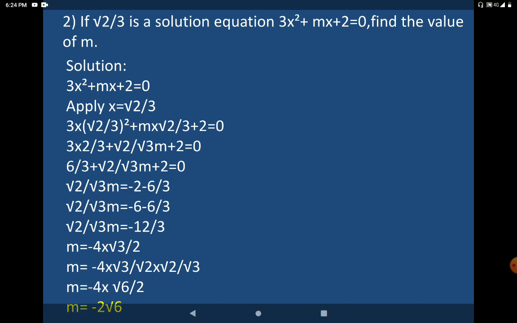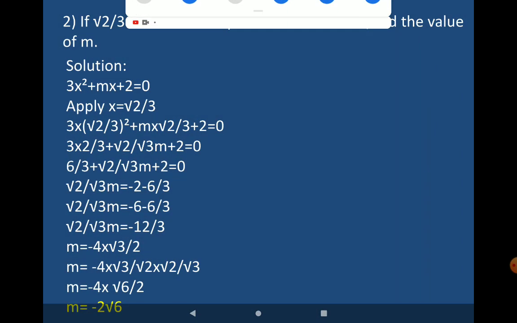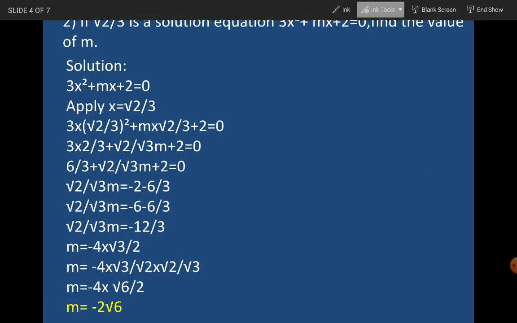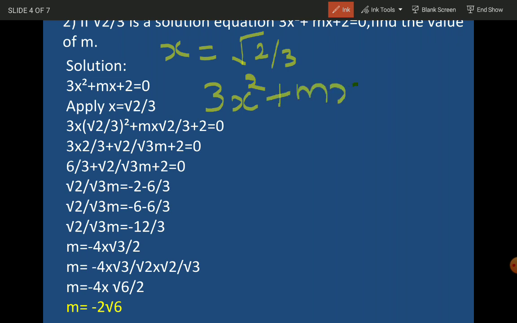See, now we are going to solve the sum. Here they have given x is equal to root of 2 by 3. Now we are going to apply this x value in the equation 3x square plus mx plus 2 equal to 0.